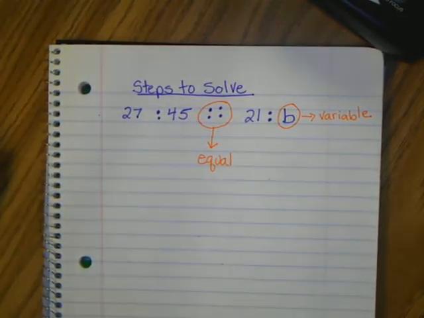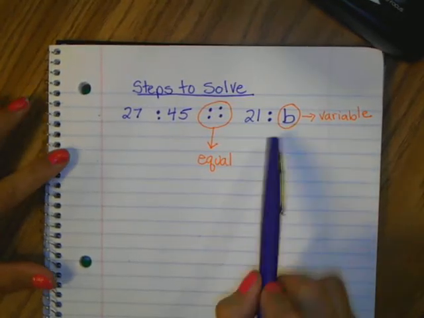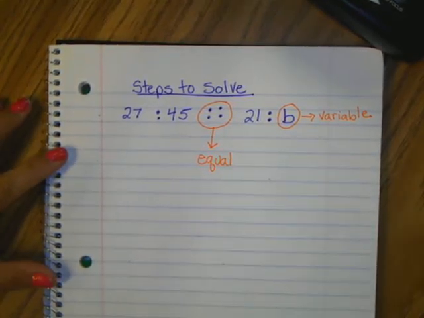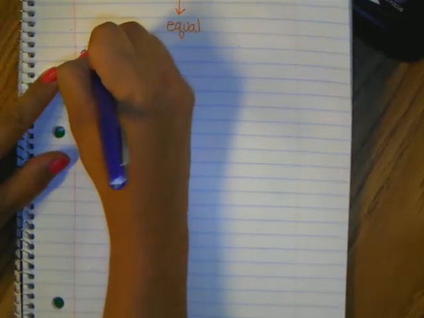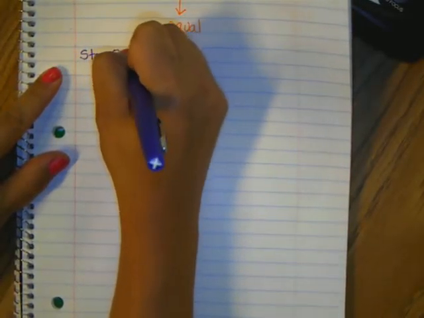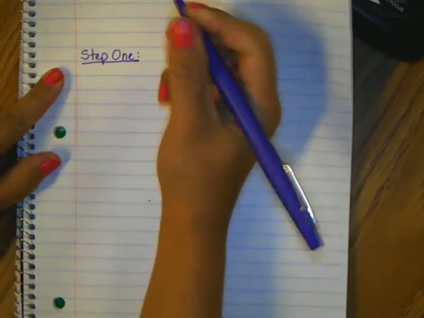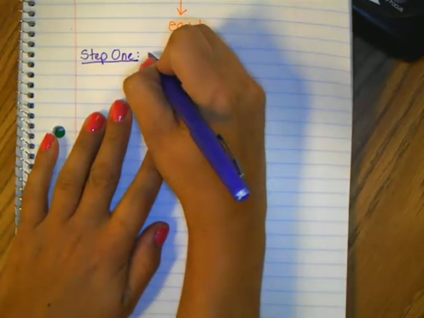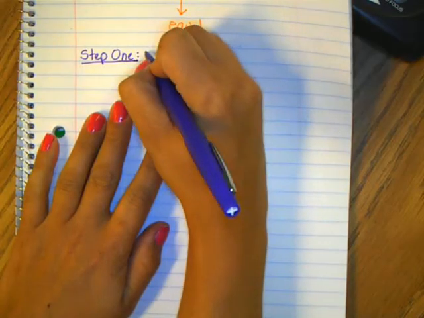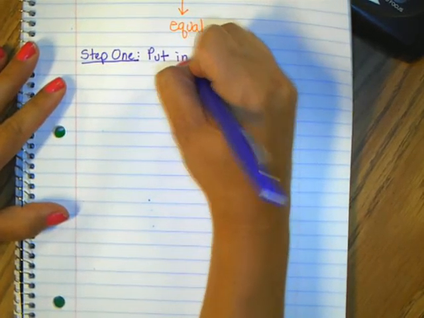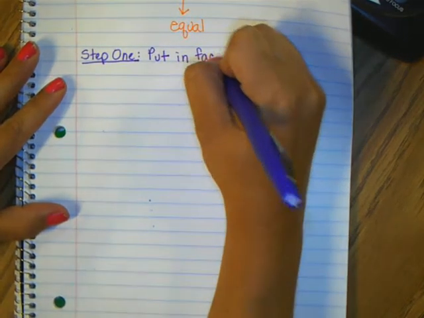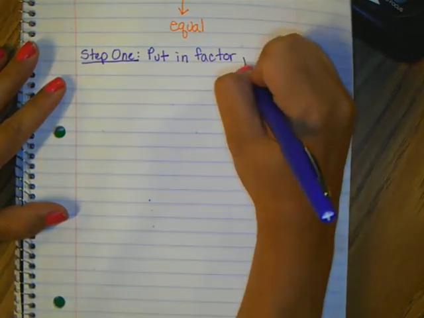So, step 1. On step 1, you're just going to put it in a factor puzzle. So put in factor puzzle. And remember how we said it has to be side by side, exactly how it is in the problem, right?